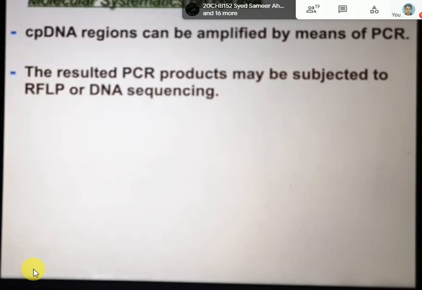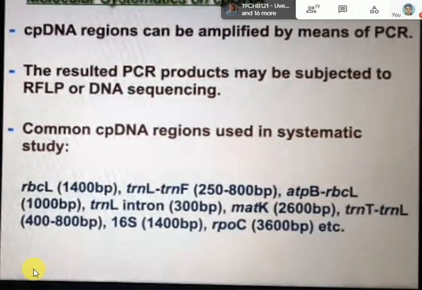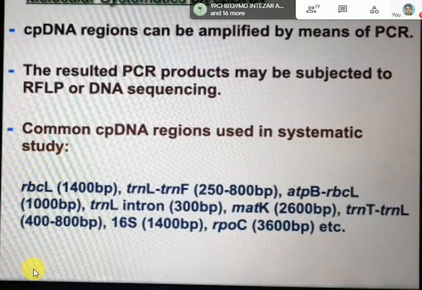So different kinds of DNA sequencing can be done. Then the common chloroplast DNA regions used in systematic studies are rbcL, about 1400 base pairs, trnL-trnF, 250 to 800 base pairs, and atpB.